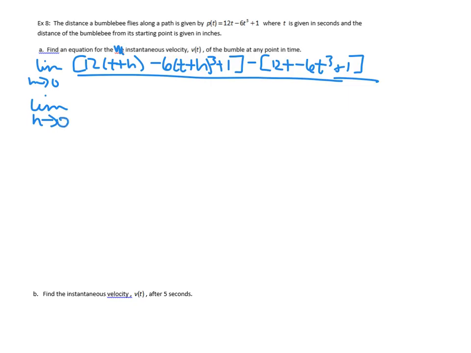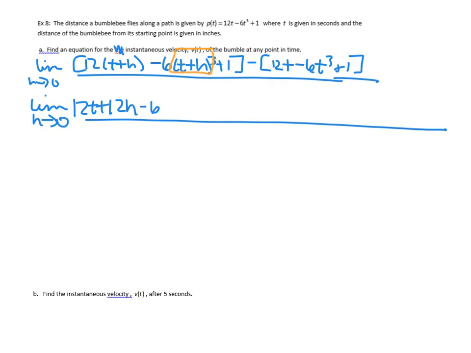As h approaches 0, this is 12t plus 12h minus 6. Now, the t plus h cubed, if you remember, your coefficients for that are 1, 3, 3, 1. And then you start out high: t cubed, t squared, t, no t, or t to the 0.